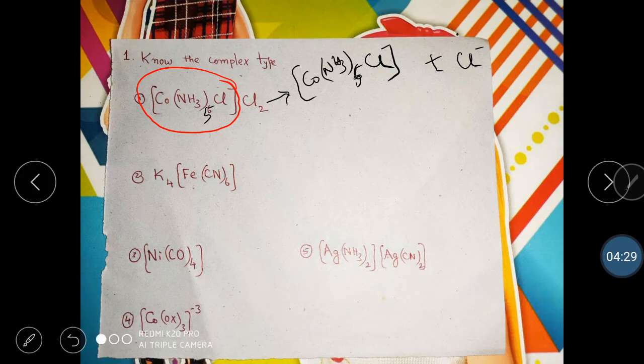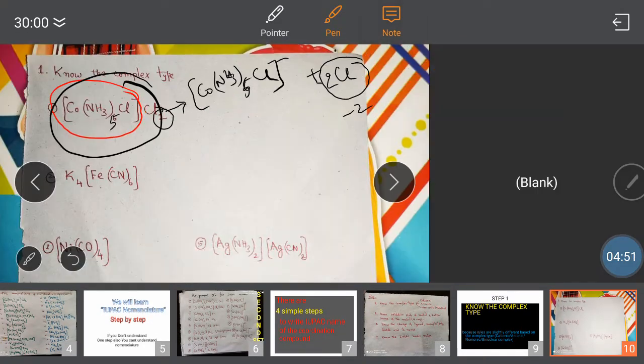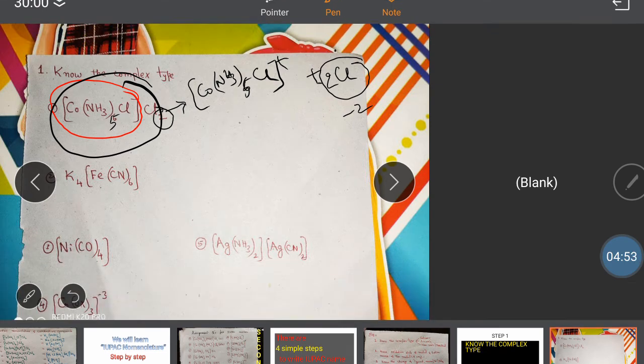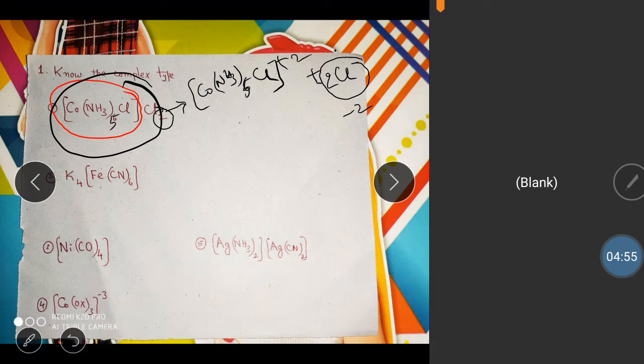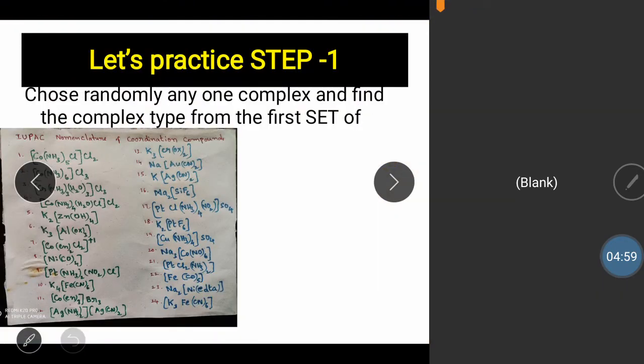But how many Cl minus are here? There are 2 Cl minus, so it should be written as 2 Cl minus. Now what is the total charge on the Cl minus? This is minus 2. Because the whole molecule is neutral, this cation should carry plus 2 charge.